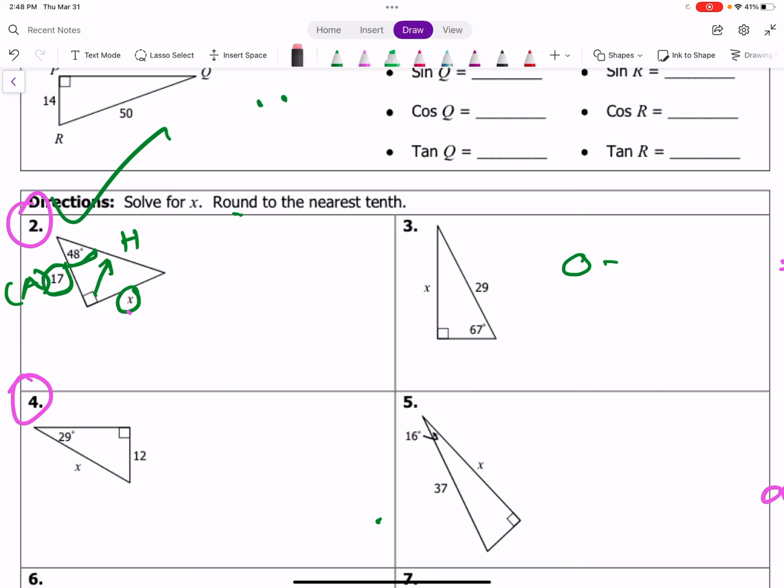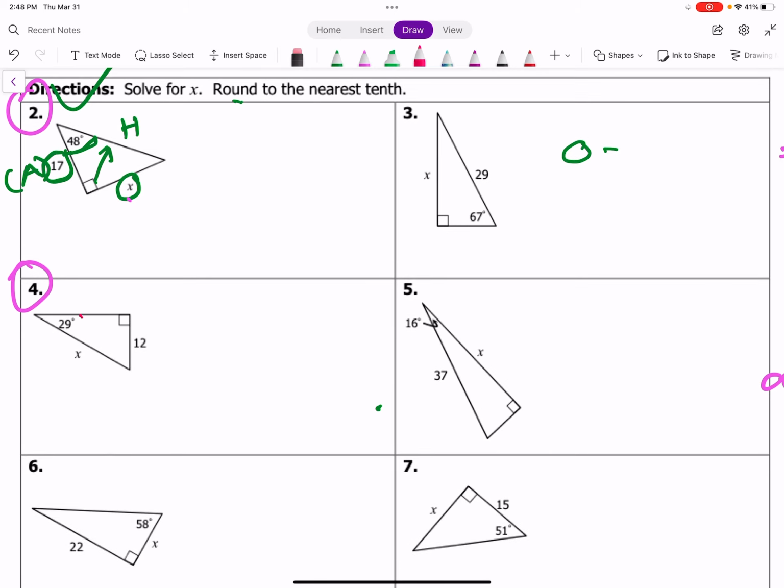If you look at number 4, mark your angle, mark your sides in terms of opposite, hypotenuse, adjacent. All right, so what do you have and what do you need? X. Opposite is 12 and hypotenuse is x.